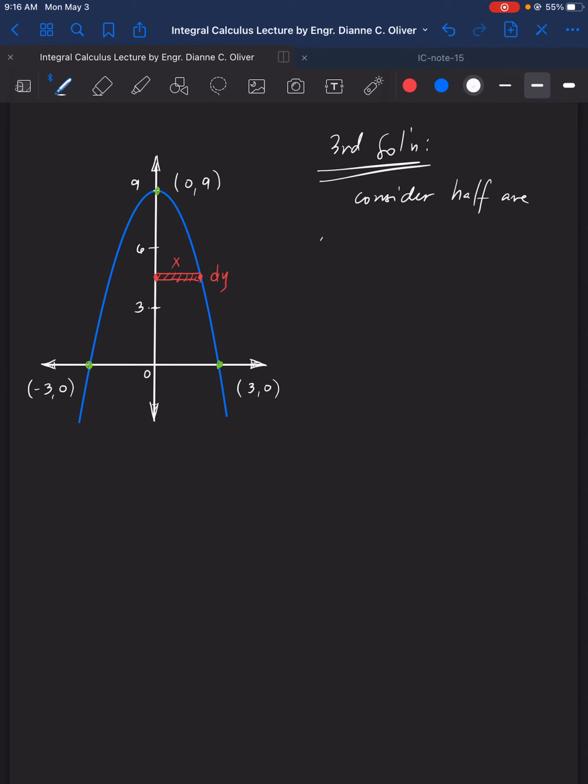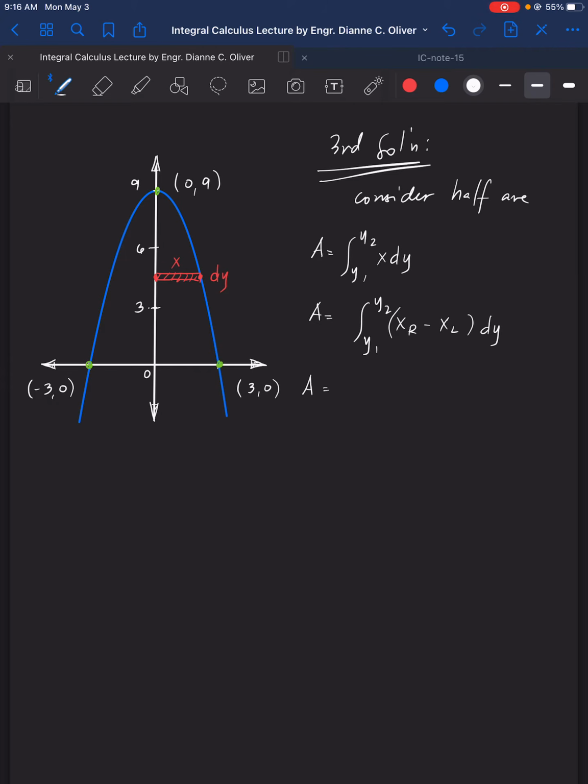So we have here area is equal to integral of x dy, y1 to y2. Area is equal to integral of x right minus x left dy, y1 to y2.